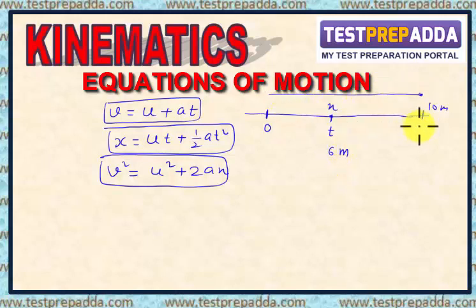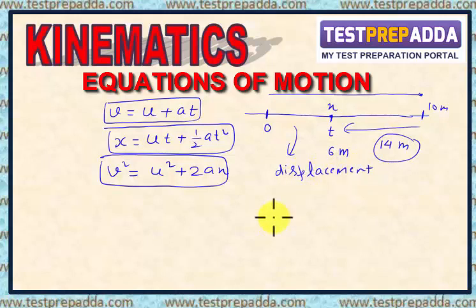This 10, this 4, so total distance covered will be 14 meter. But the position x will be taken how much? Will be taken as 6 meter. Okay, you can say that this is the displacement. You can say this as the displacement from the origin.